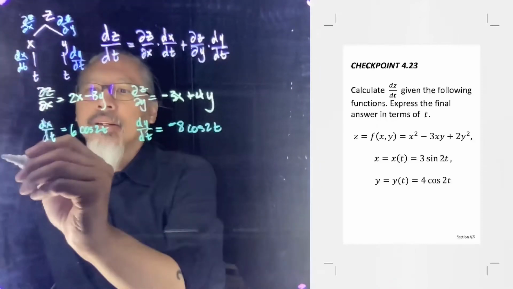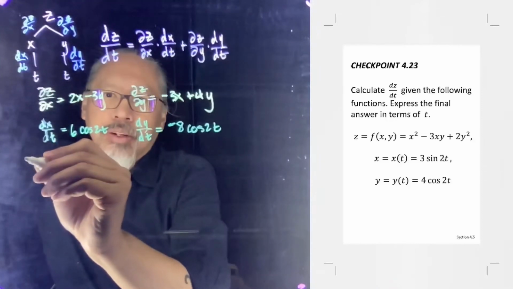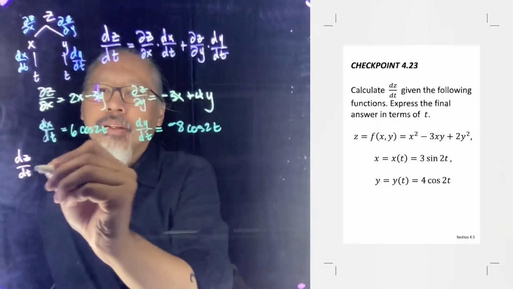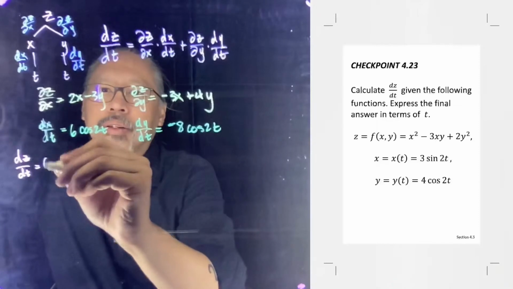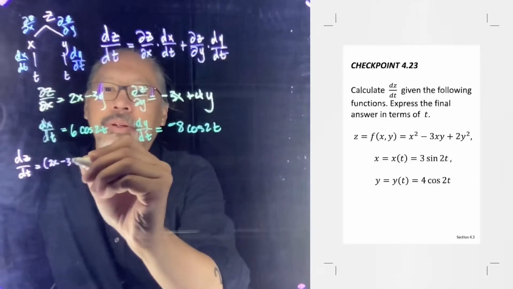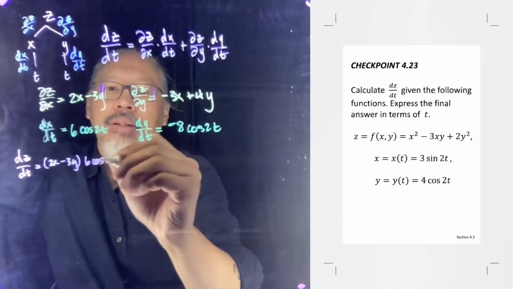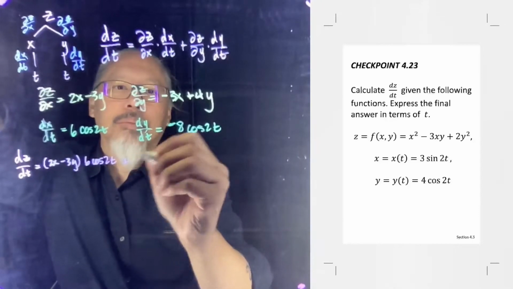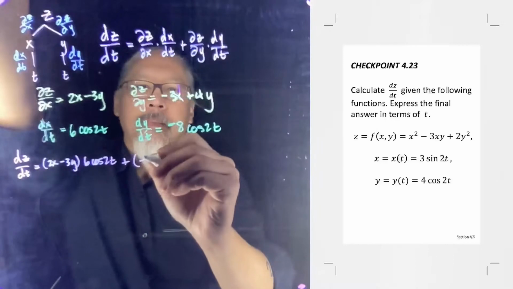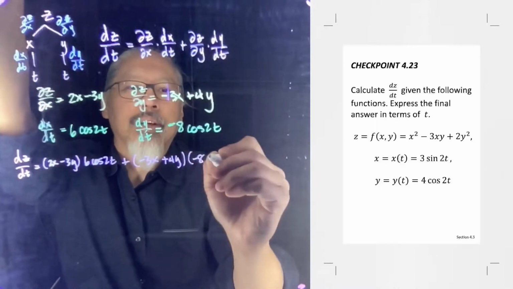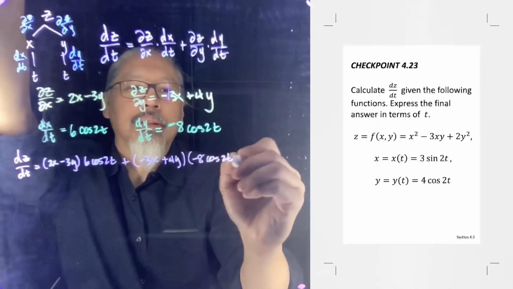Remember, dz/dt is going to be (2x minus 3y) times 6 cosine 2t, plus (minus 3x plus 4y) times negative 8 sine 2t.